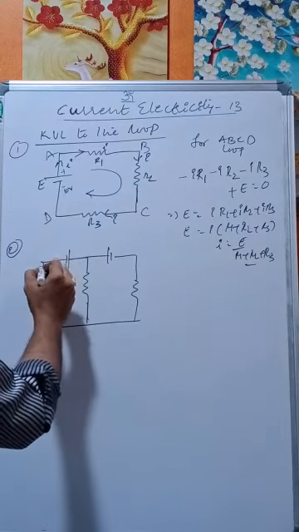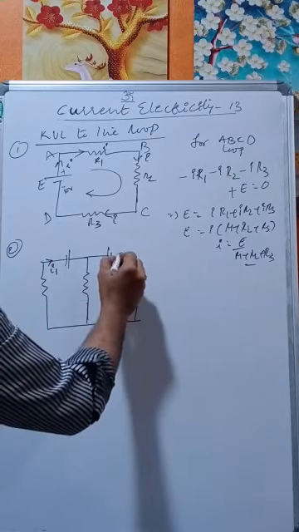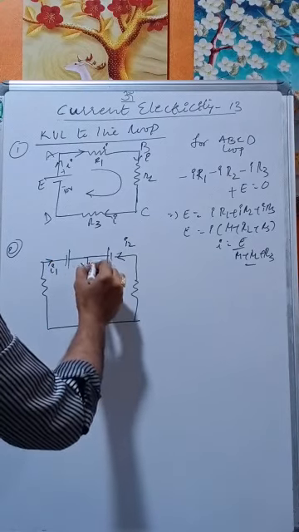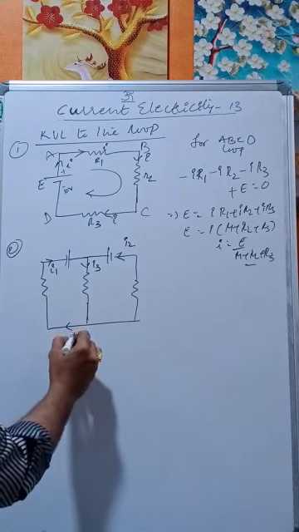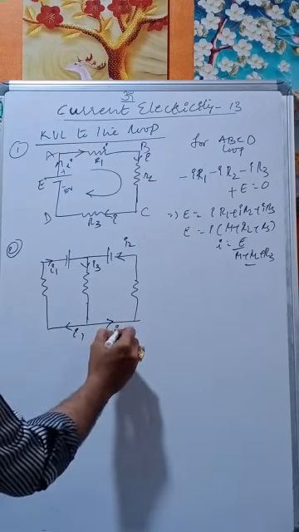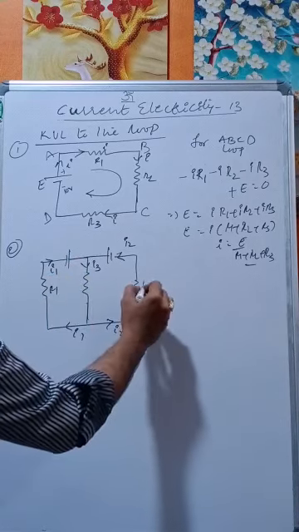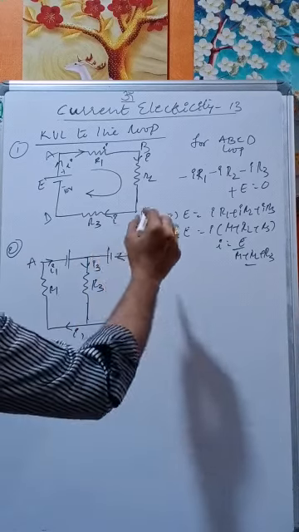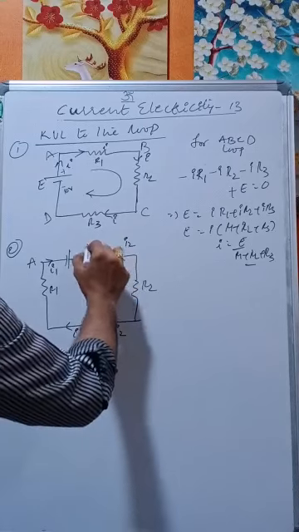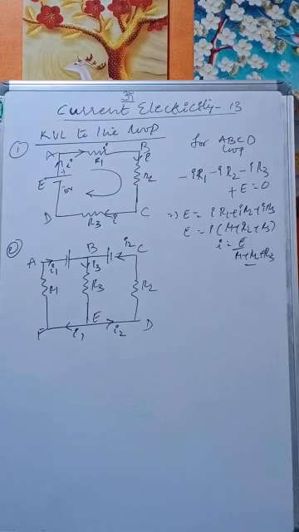Let us take this current as I1 here, I2 here, I3 here, and I1 here and I2 here, and R1, R2 and R3. Take the points as A, B, C, D, E and F.